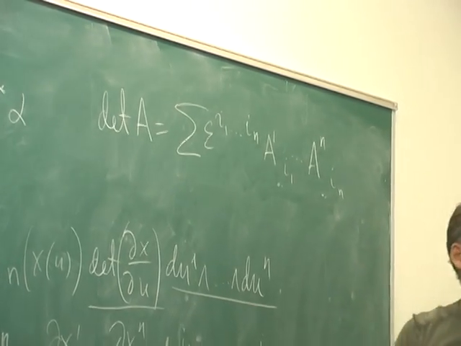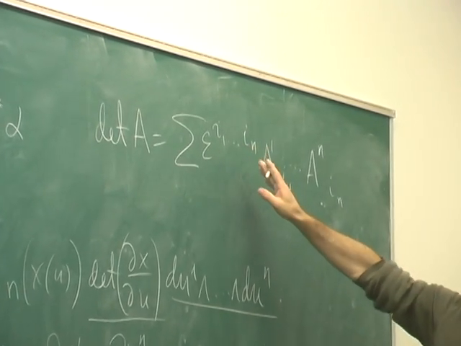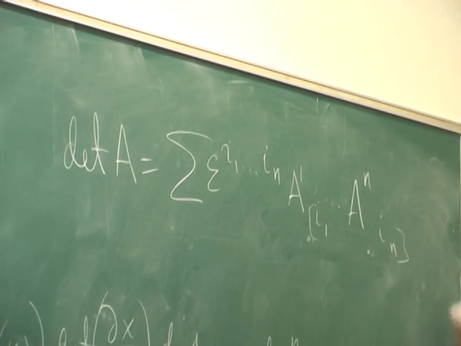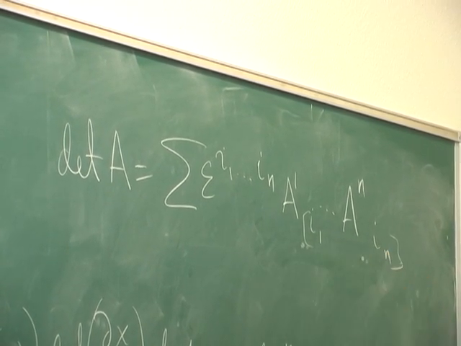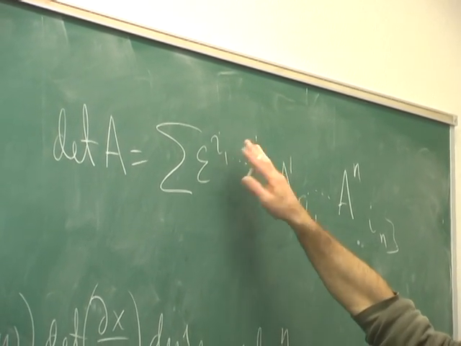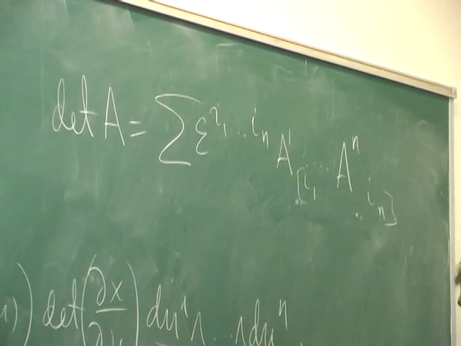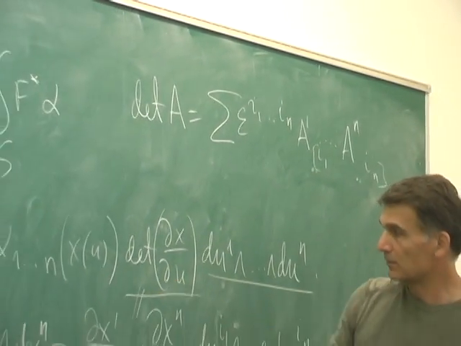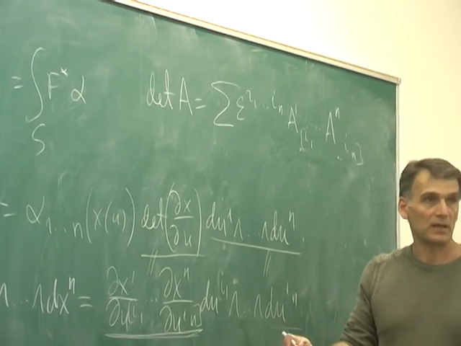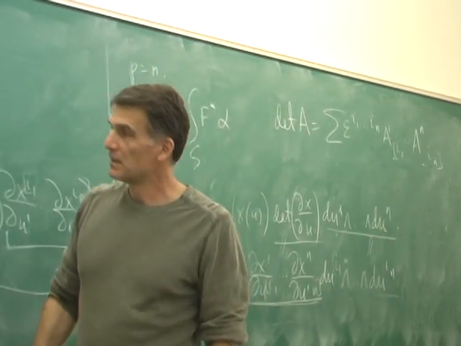This is the permutation tensor, the Levi-Civita symbol, so it's +1, -1, or 0, right? It's the product of these guys with coefficient 1 if this is an even permutation of 1 to n, and -1 if it's an odd permutation. That's exactly what is here, so that's why this gives you the determinant. And you get a standard formula from multivariable calculus for how to change variables in that integral.